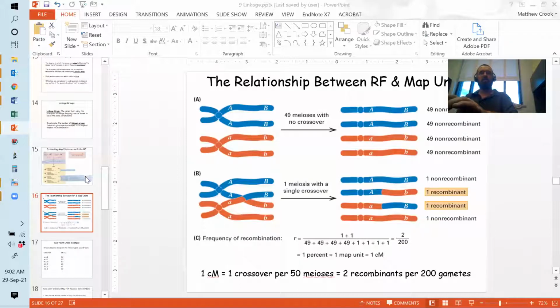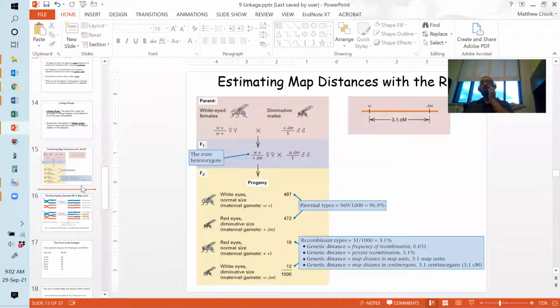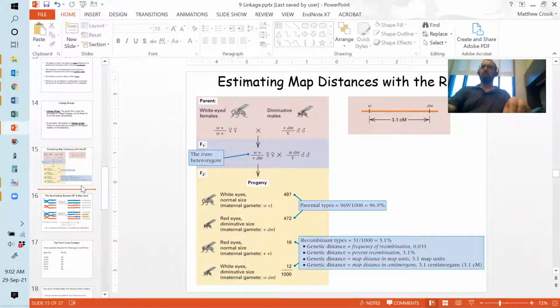Okay, so we were calculating recombination frequency, and recombination frequency in percent equals distance in centimorgans, named after Thomas Hunt Morgan, the father of genetics, essentially.